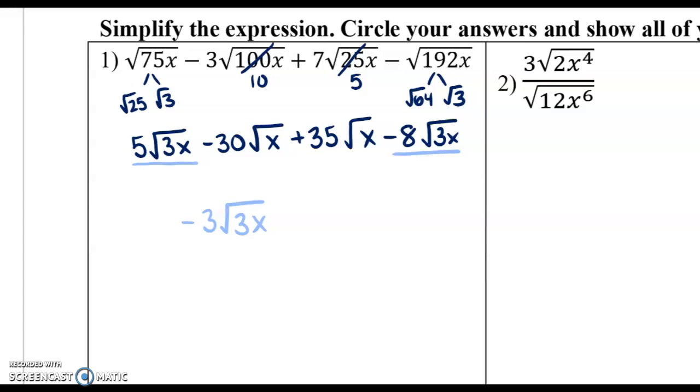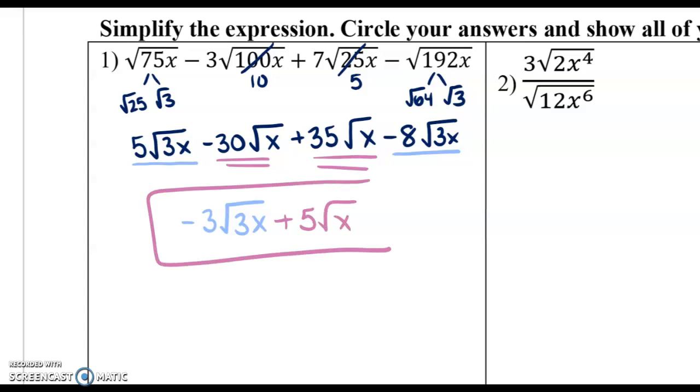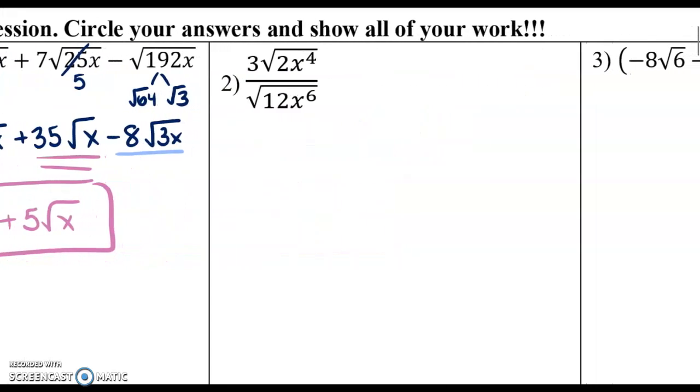And here in the middle, we've got my root x's, so I can add those together. Negative 30 plus 35 gives me the positive 5 root x. It doesn't matter the order that you have there. You could have the positive 5 root x and then minus 3 root 3x. That would be fine as well.